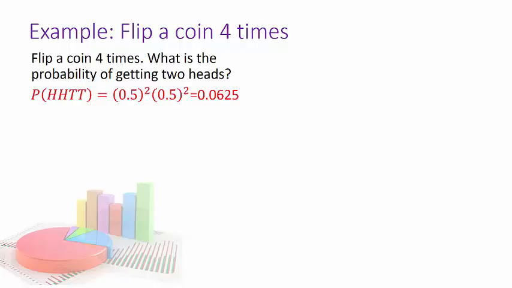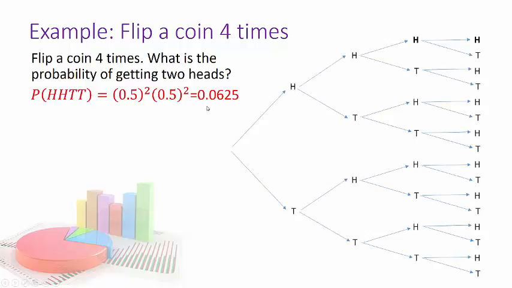Well, first of all, let's go ahead and do probability of heads and heads, then tails and tails. So probability of 2 heads in a row is 0.5 squared, and then another 2 tails is 0.5 squared. I get 0.0625. And if we check it, if I do this huge sample tree right here, you can see, okay, heads, heads, tails, there it is.